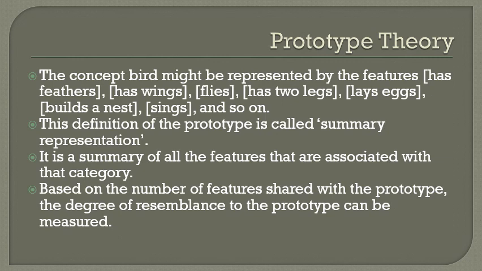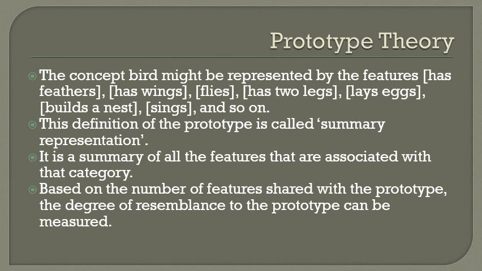Okay. So whenever we are giving this long list of features that are possessed by this prototype, that is called a summary representation. So what is a summary representation? It is a summary of all the features that are associated with that particular category.